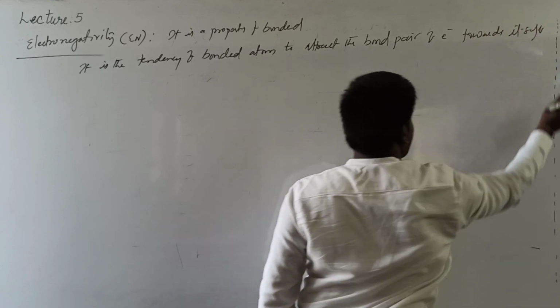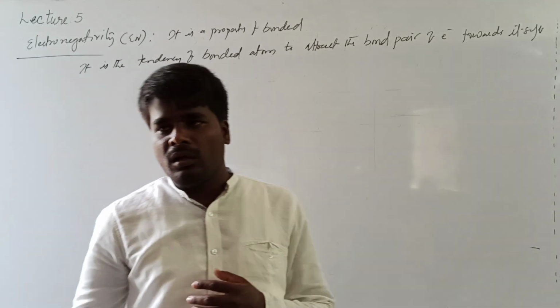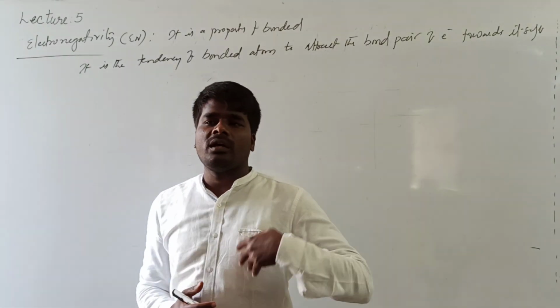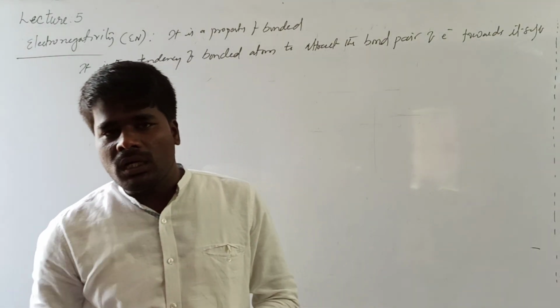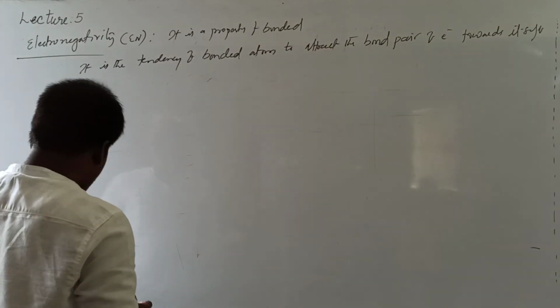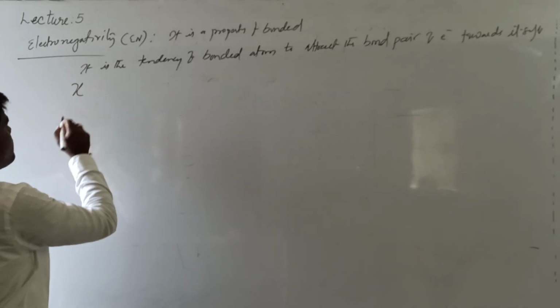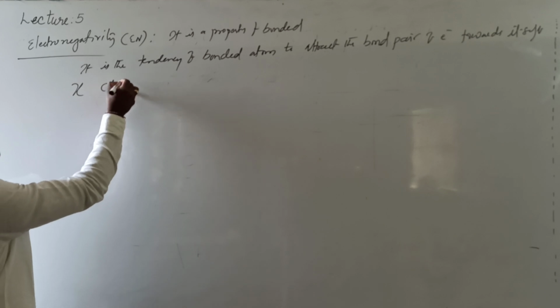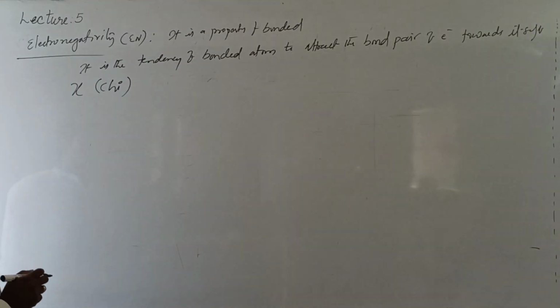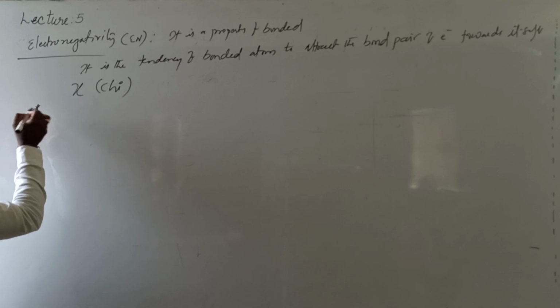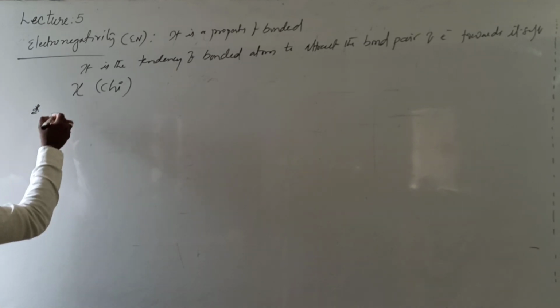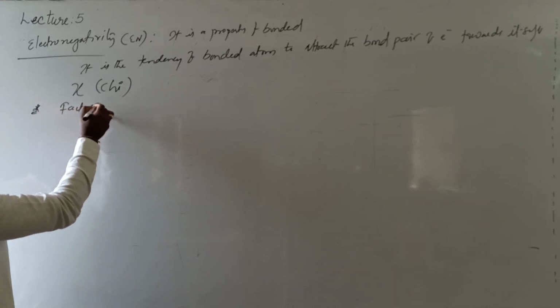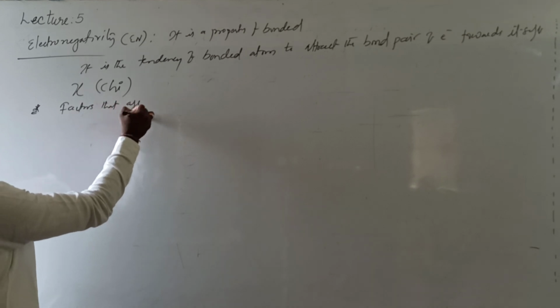This tendency of attracting the bond pair of electrons towards the atom is called the electronegativity of that particular atom. And it is basically represented with a symbol, which is used to denote the electronegativity. Right?